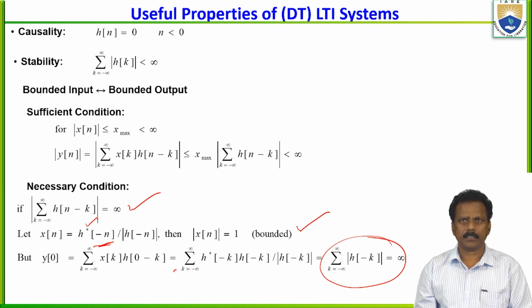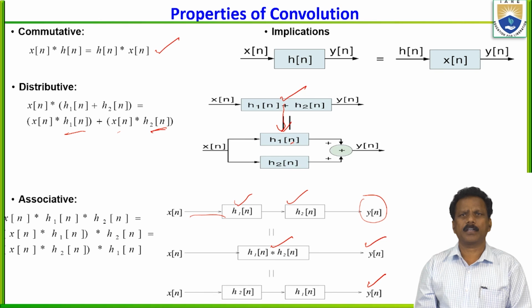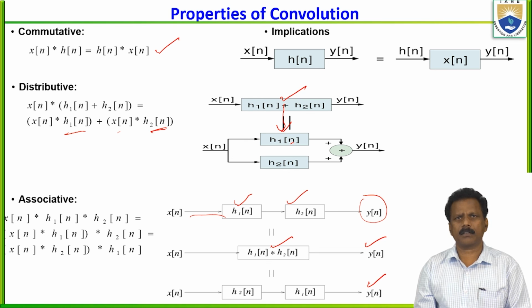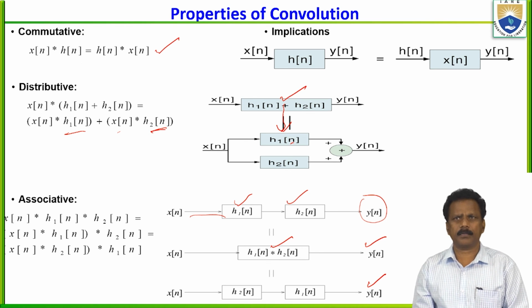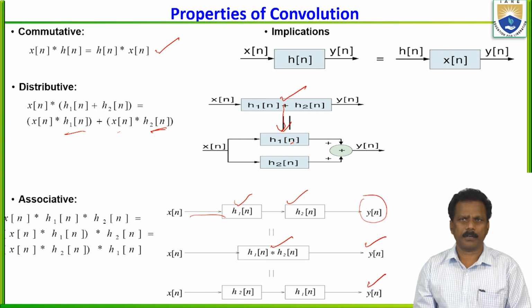Next, like this, we try to verify all the useful properties of discrete time systems with reference to the linear time invariant system with discrete time variation. We use the different properties and see how it varies. We have to use the popular properties of convolution: the commutative, distributive, associative, implication, and so on.